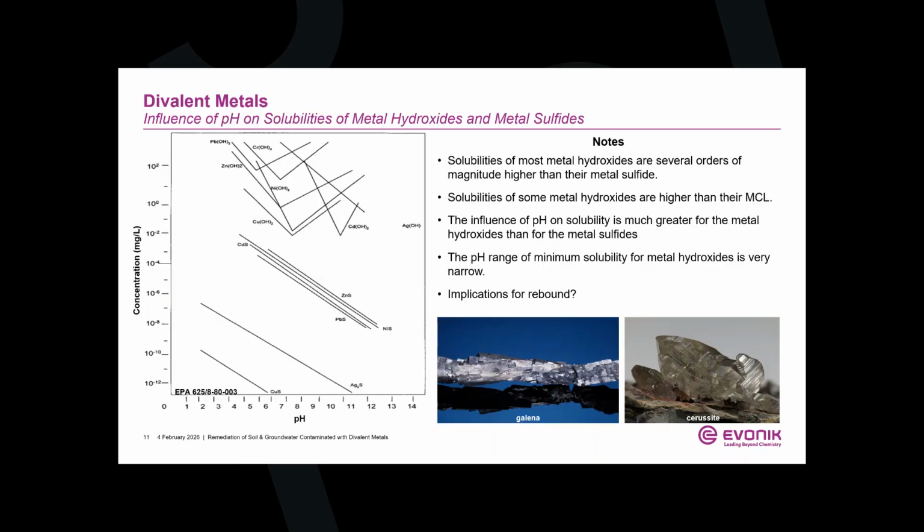And once you get outside of that very narrow pH minimum range, either higher or lower pH, their solubilities go up dramatically. And perhaps most relevant for our groundwater treatment approaches is as you move into the slightly to moderately acidic range, the solubilities of these metal hydroxides go up sharply and go well above the MCLs.